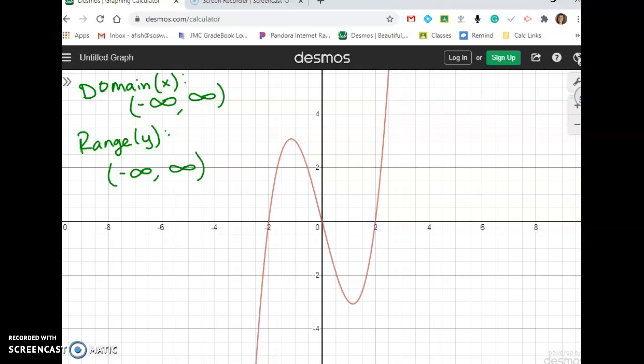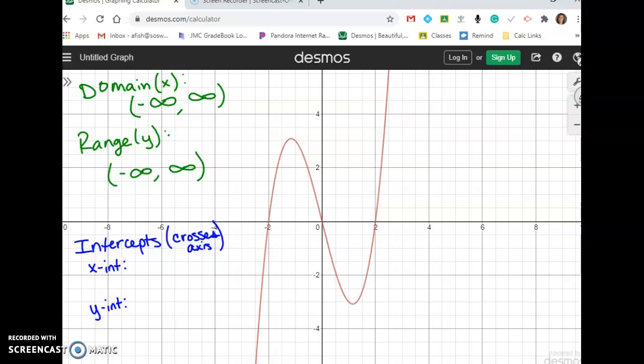Next thing are the intercepts. There are two different types of intercepts. There are x-intercepts and y-intercepts. This is where it crosses the axis.